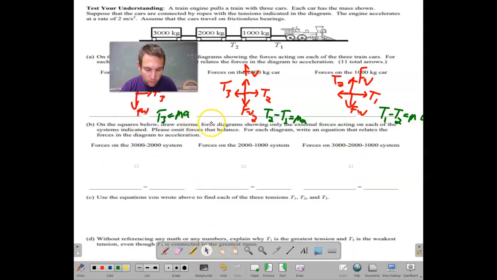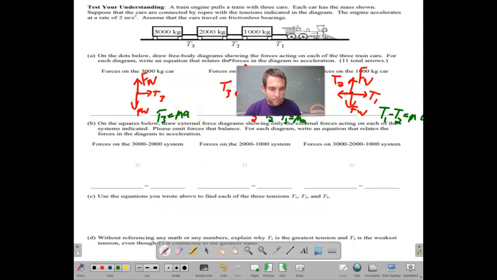On the squares below, draw external force diagrams showing the only external forces acting on the systems indicated. Please omit forces that balance. For each diagram, write an equation that relates forces. We've done this before, so we're not going to do it again. For this system here, 3,000, 2,000, T3 is internal and T2 would be pulling those.